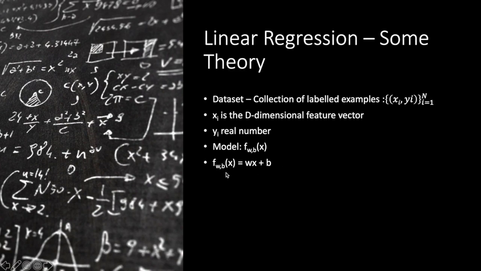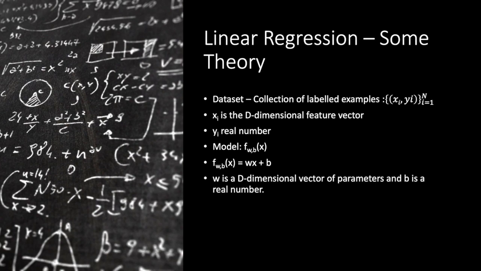So f_{w,b}(x) is equal to wx plus b. And as you see, we have two parameters here, w and b, and this is why we say the model is parameterized by two parameters.